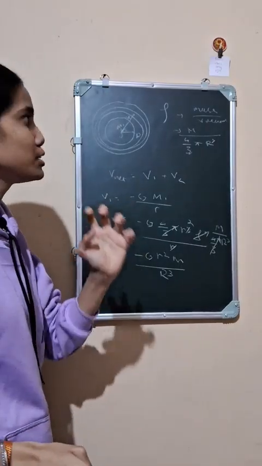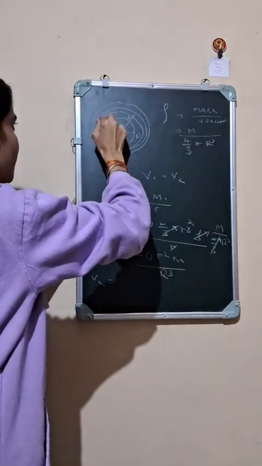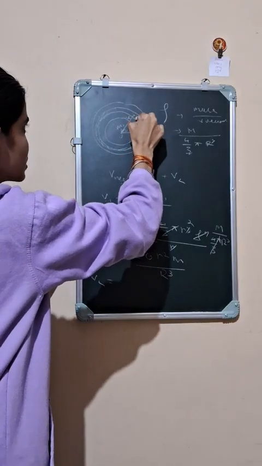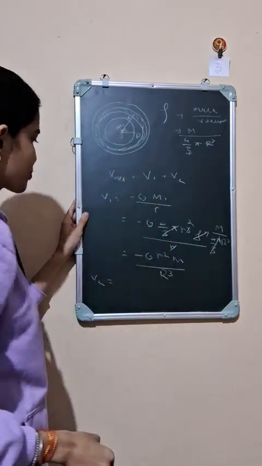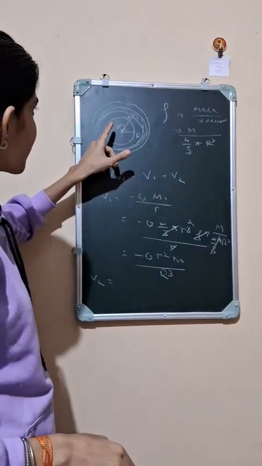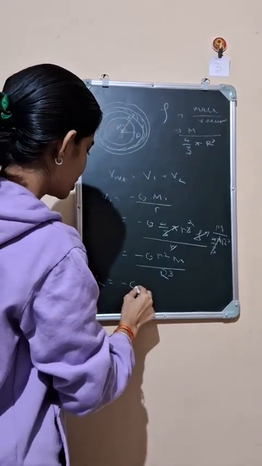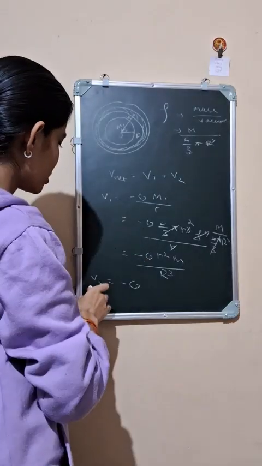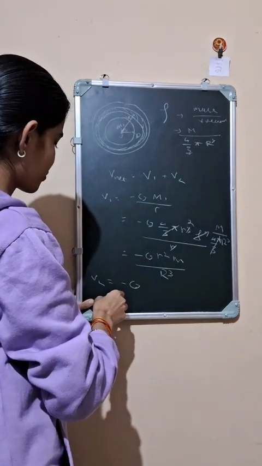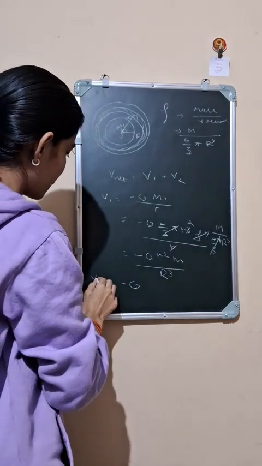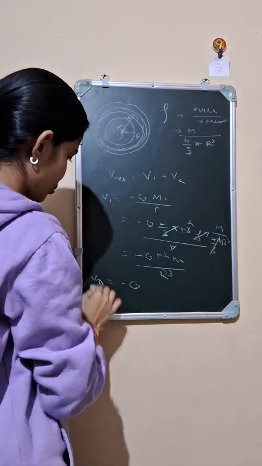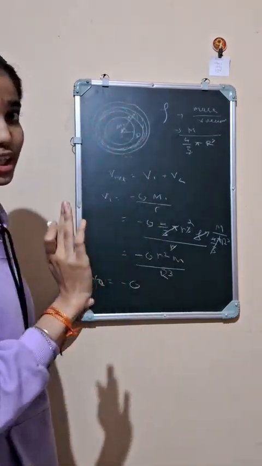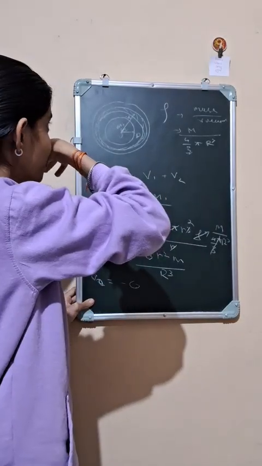This is an elemental spherical shell with some mass. So I can put minus G. This spherical shell will have potential, let us denote this with V naught. Supposing this is V naught, means potential due to this elemental spherical shell at point P.